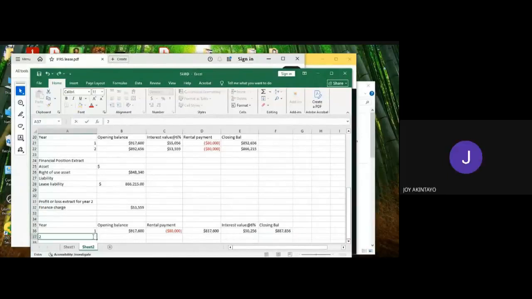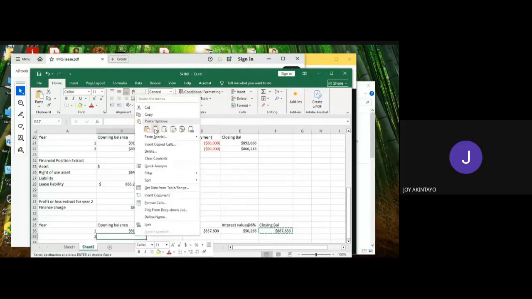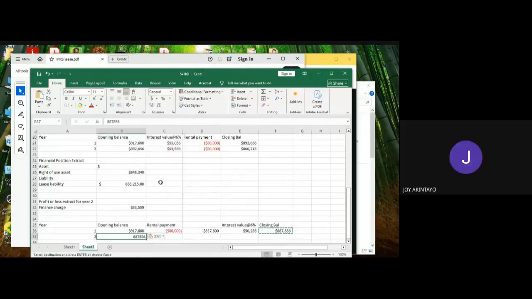Year two, your closing balance here will be your opening balance the following year. Yes or no? So we have it like this.